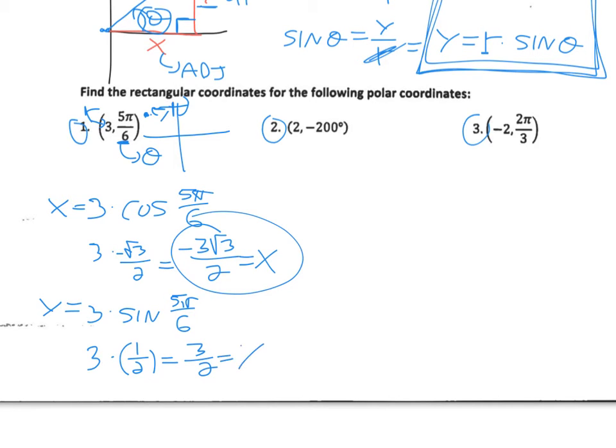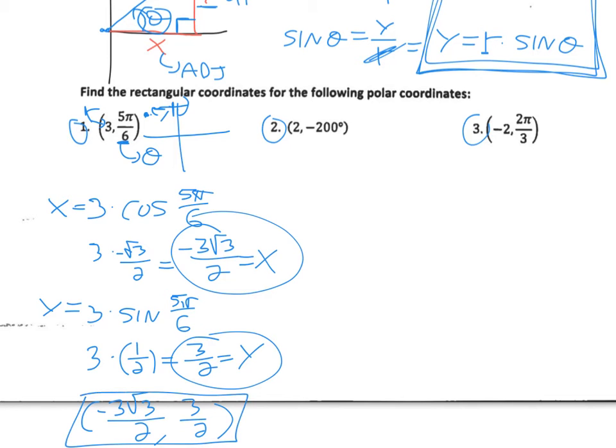That's the y value. So this point, 5 pi over 6, it's also the same as saying negative 3 root 3 over 2, and then 3/2.